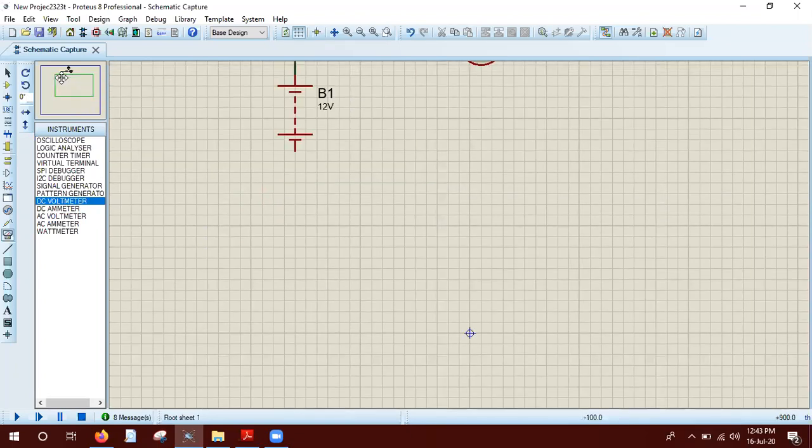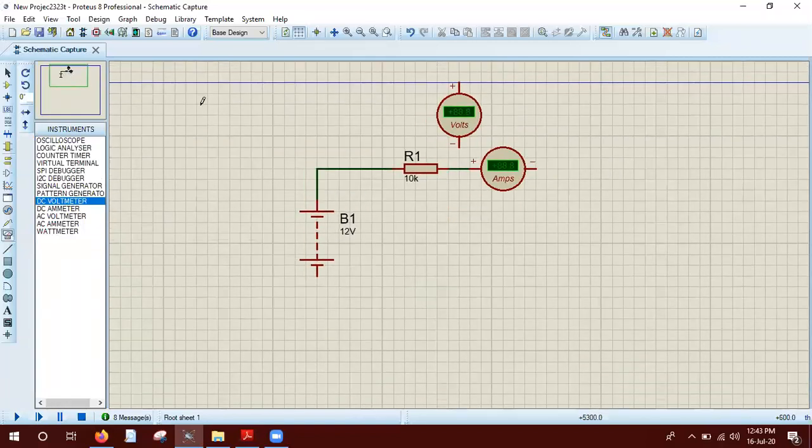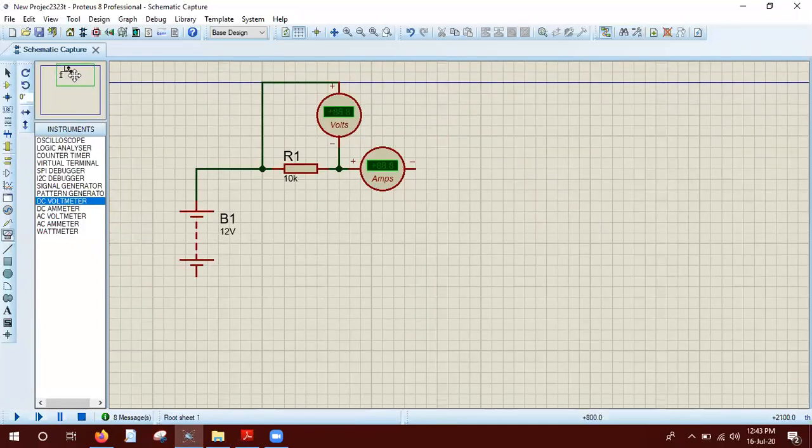Sorry, my PC is very slow. So we introduced a voltmeter here. This voltmeter will give us the voltage of this R1, and this ammeter will give us the current of this circuit.